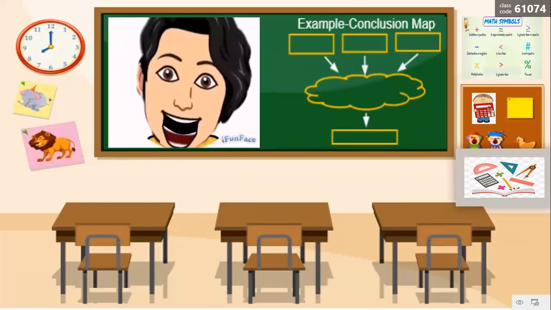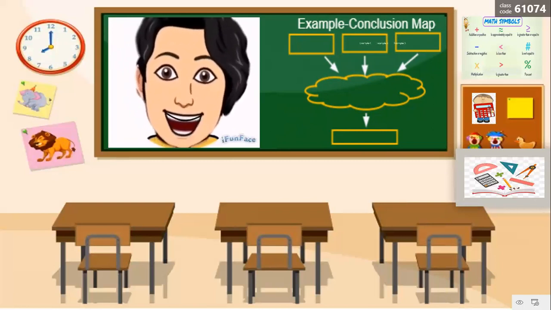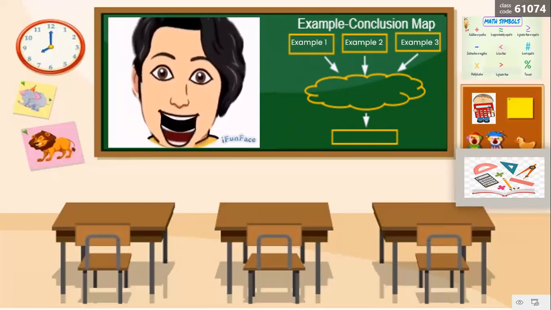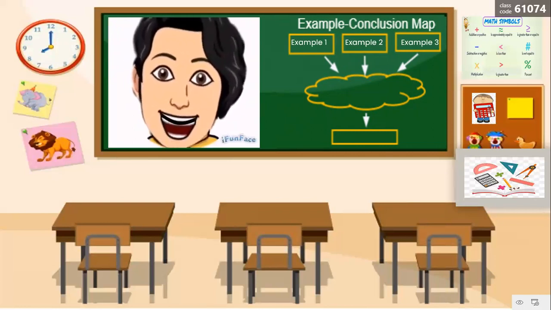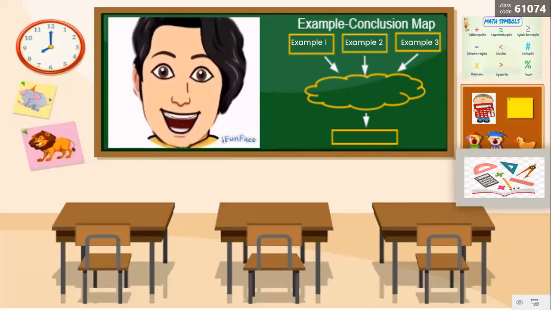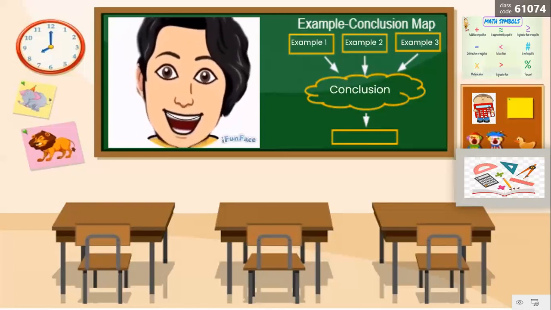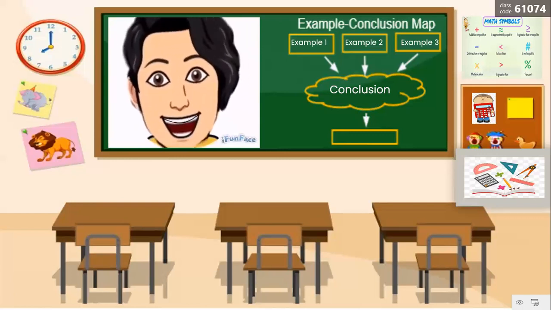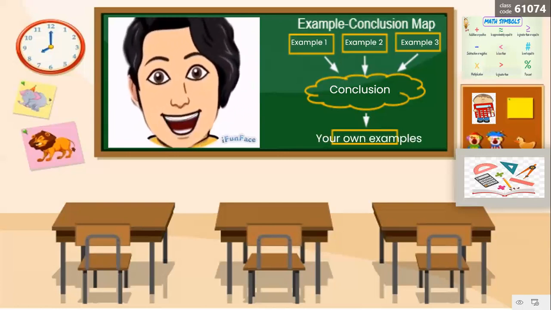The 3 boxes above will be facing the examples for the lesson. From these examples, your task is to observe the pattern and investigate for you to generate the conclusion to represent the rule in adding integers. As you conclude, it is your time now to give your own examples. Are you ready? Okay.